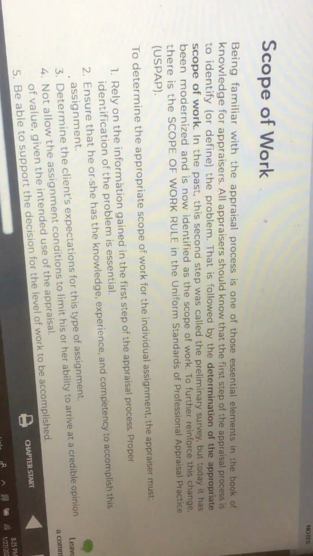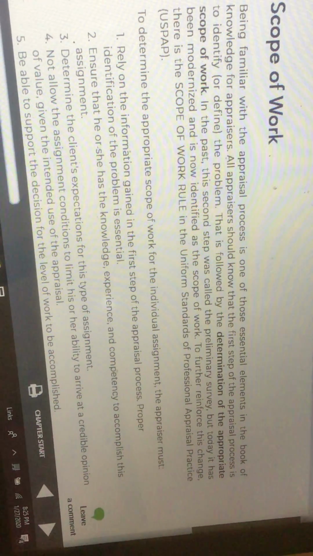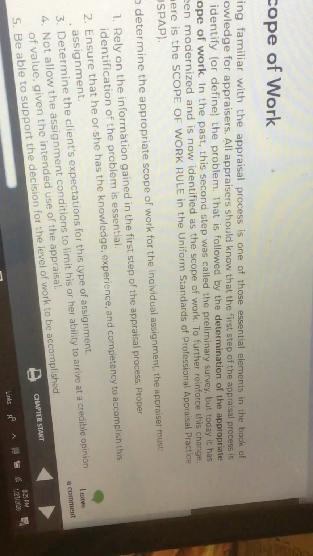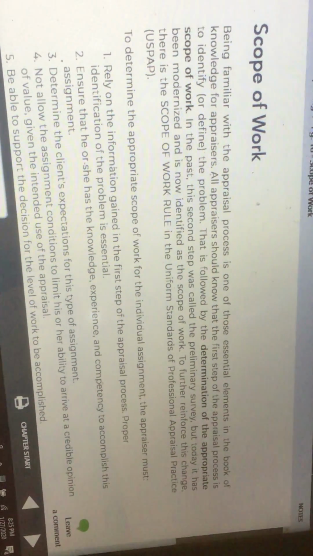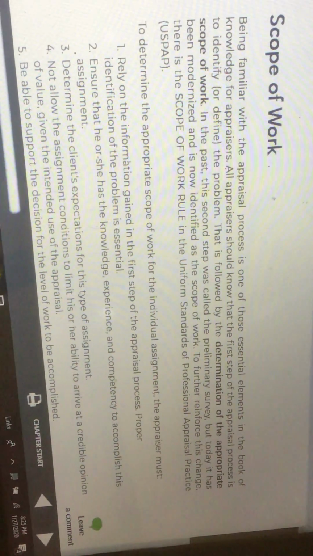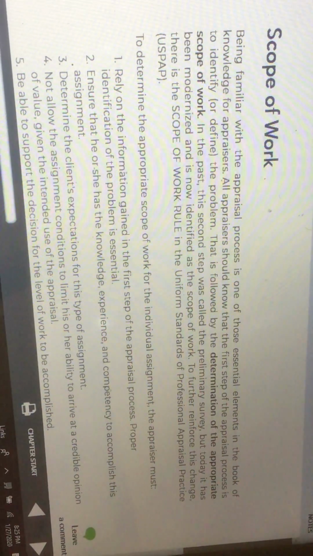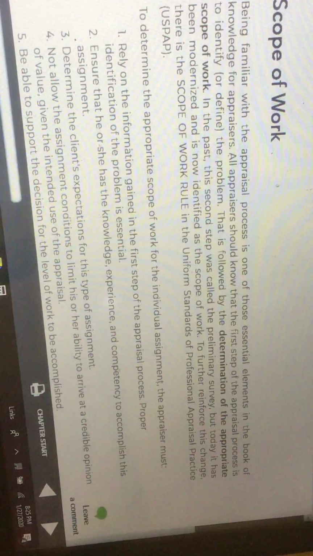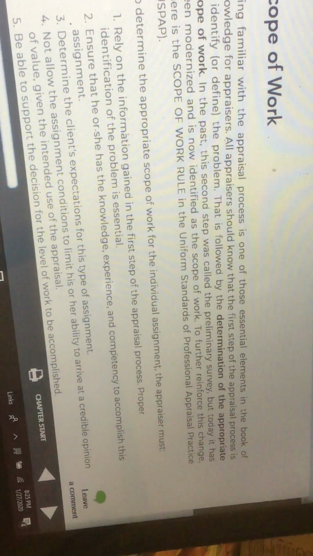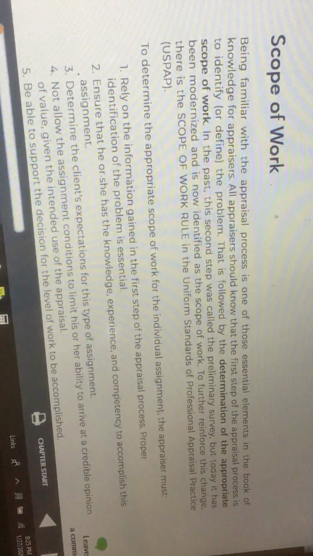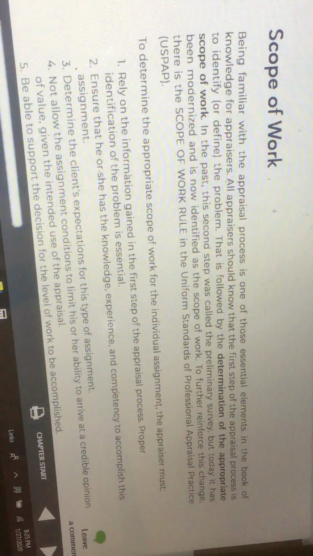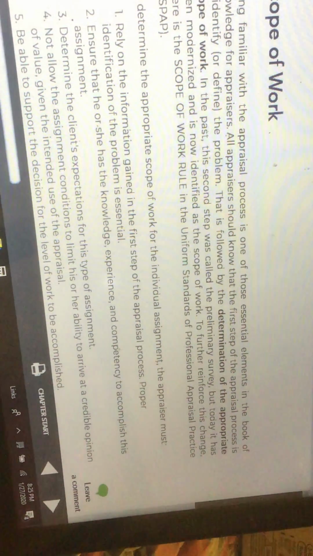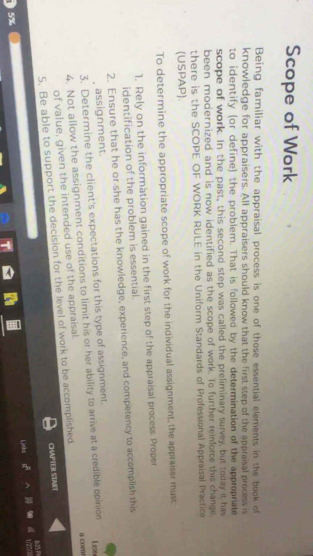In the past, this second step was called the preliminary survey, but today it has been modernized and is now identified as the scope of work. To further reinforce this change, there is the Scope of Work rule in the Uniform Standards of Professional Appraisal Practice, USPAP.